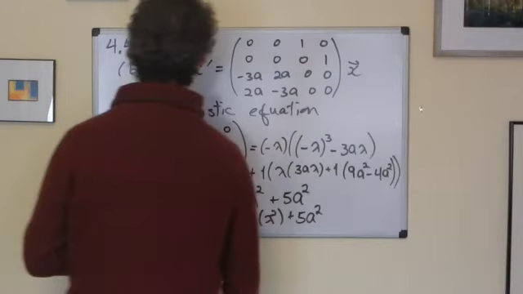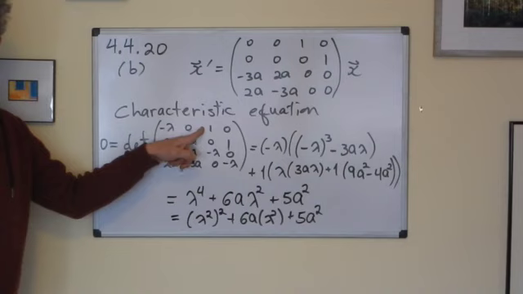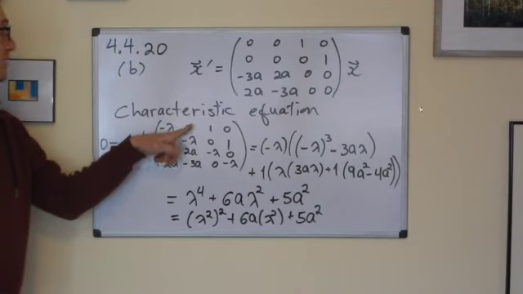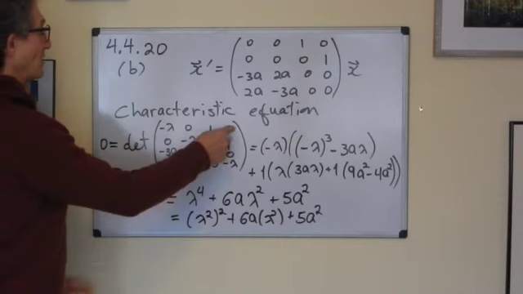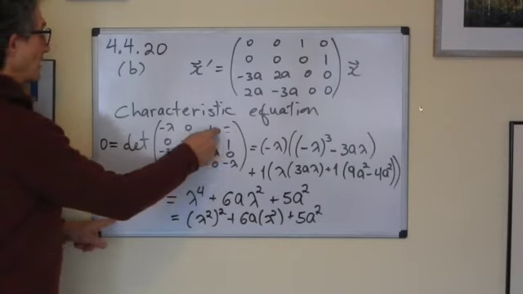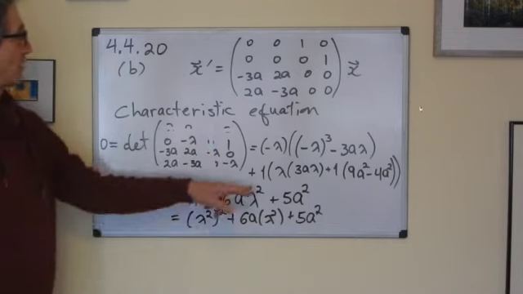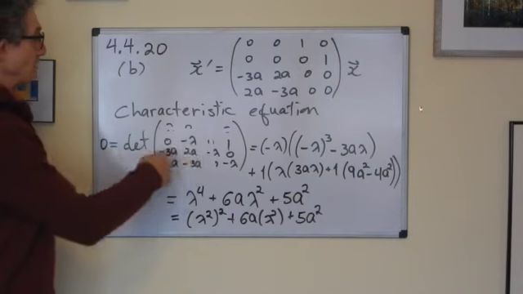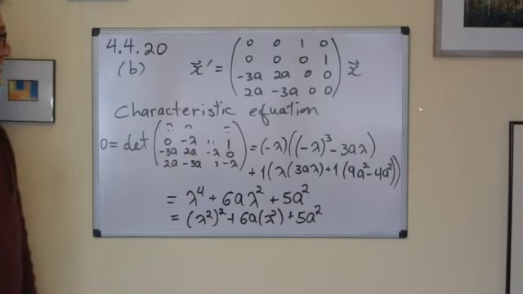Now this 0 contributes 0. The 1 gets a plus sign because we go plus, minus, plus. So the 1 gets a plus sign, and we are now ignoring this row and this column. And so we have 1 times the determinant of the 3 by 3 that is left.